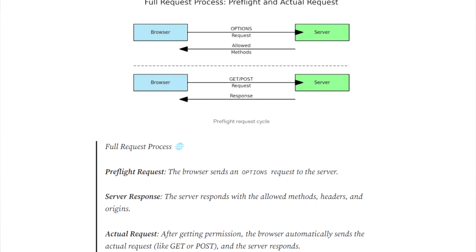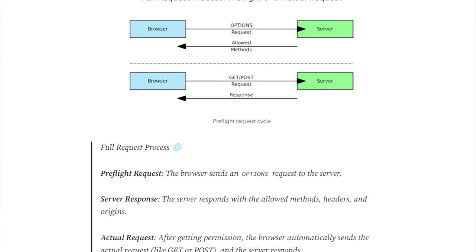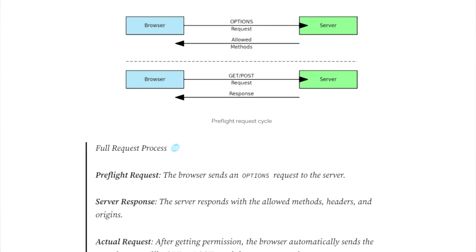Normally, if it does have some sort of cross-origin information that needs to be established, usually a pre-flight check will be done to ensure that the actual request can be made.